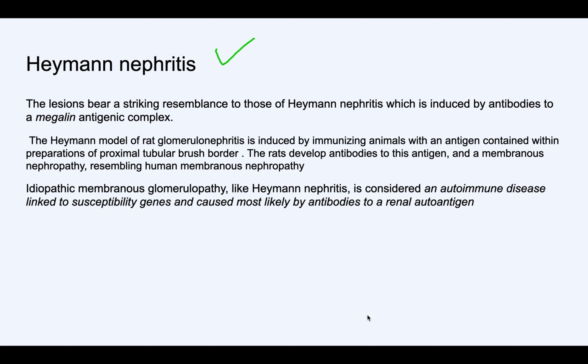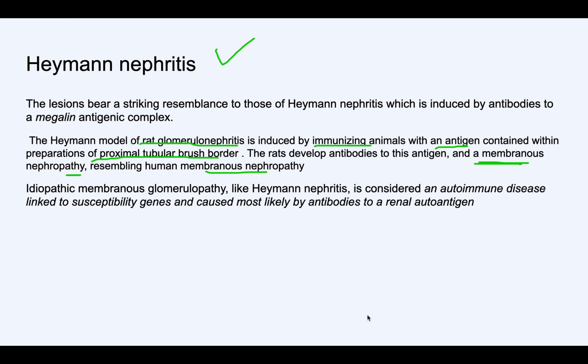In Heymann's model, we induced glomerulonephritis in rats by immunizing the animals with an antigen containing some antigen from the proximal tubular brush border, and these rats then developed antibodies to this antigen, and the glomerulopathy which developed resembled membranous nephropathy.